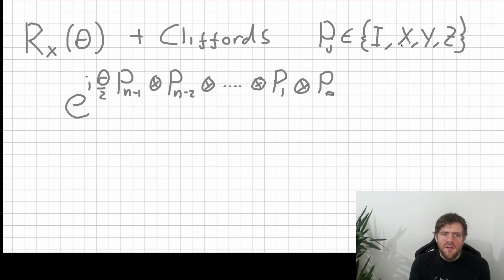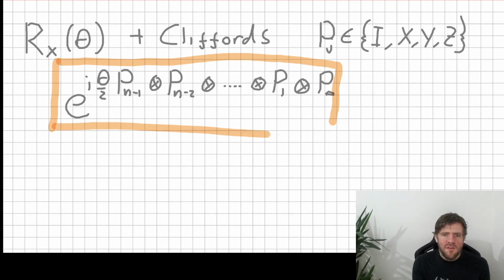Any gate of this form, big multi-qubit messy gates, we can get from those gates that we started with.